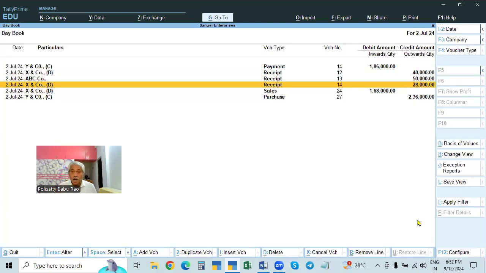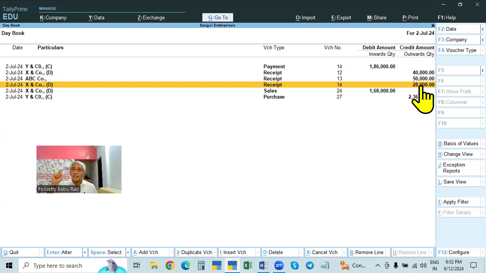Completed. Now on 2nd July, the check is bounced. In the case of check bounce, we have to make an entry, because generally we receive a check. Now that it is bounced, many people make the entry as a payment, but we are not making any payment. Receipt means receiving money; bounce does not mean we are paying any money.